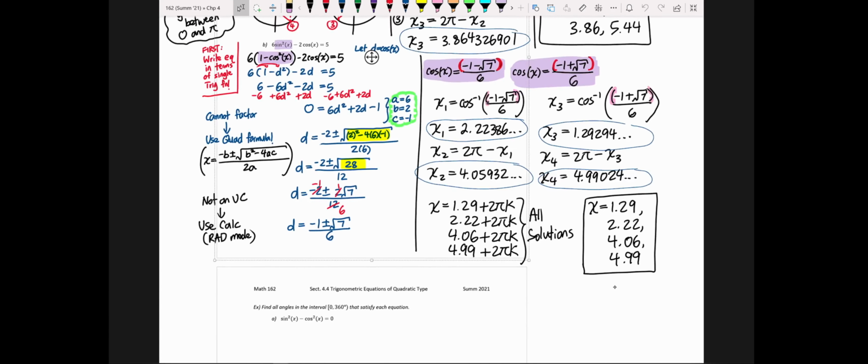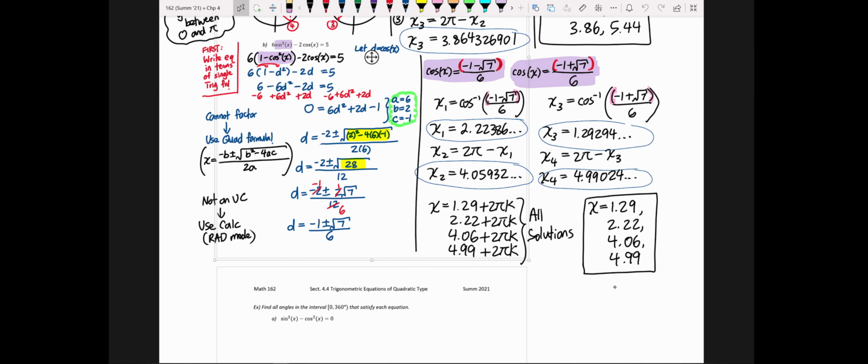When we're solving these trigonometric equations, our step 1 is to isolate a single trig function. So if your trig equation contains more than one trig function, you need to use the identities from chapter 3 to write the equation in terms of a single trig function. Then your equation, you may be working with a linear function or quadratic function. Use your algebra skills to isolate the trig function.